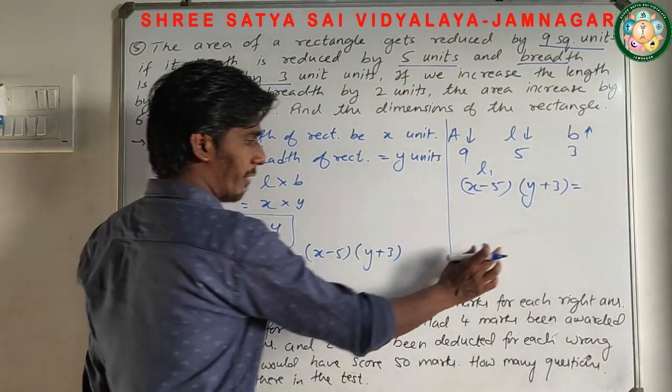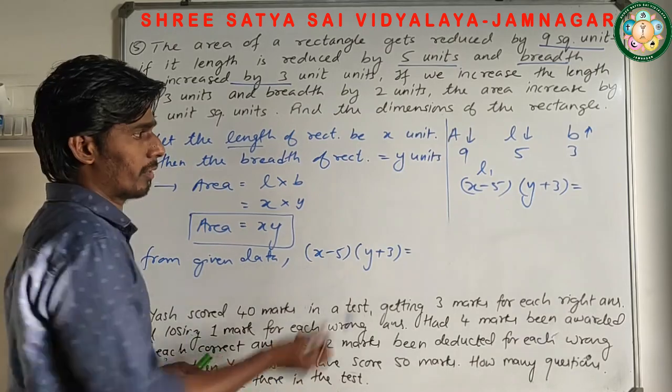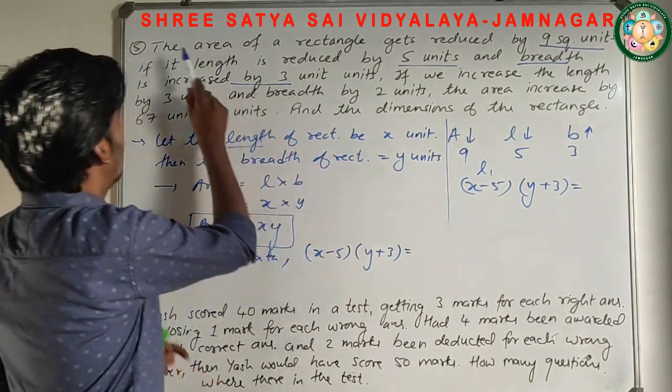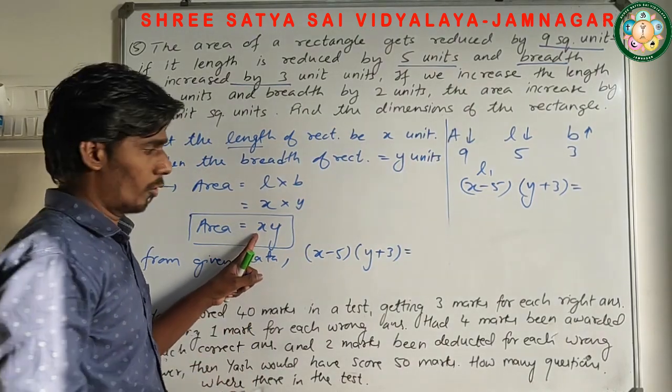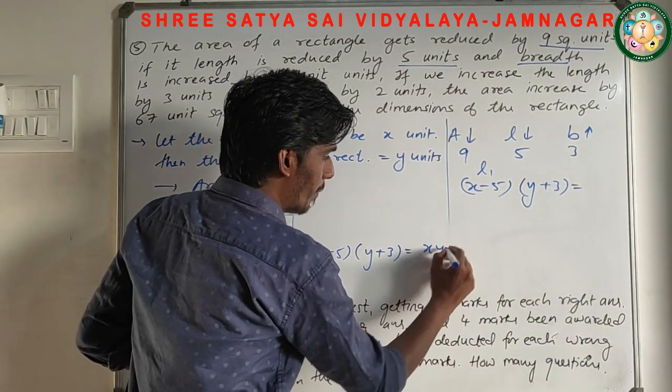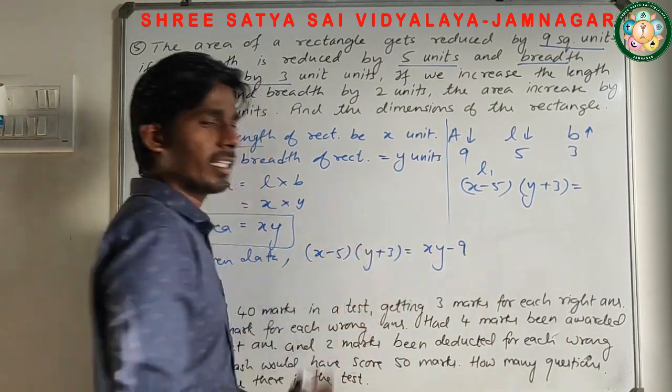Length into breadth is its area, but how much area is not given directly; they have given how much the area reduced. The area of rectangle reduced by 9, कम हो गया. किसमें से? ओरिजिनल में से. So it's xy minus 9. जो पहले एरिया था उसमें से 9 कम हो गया.